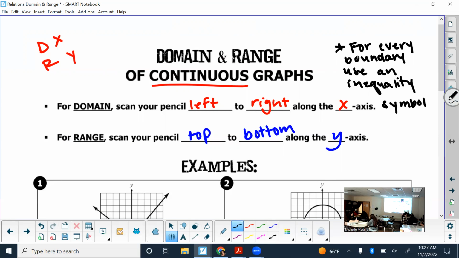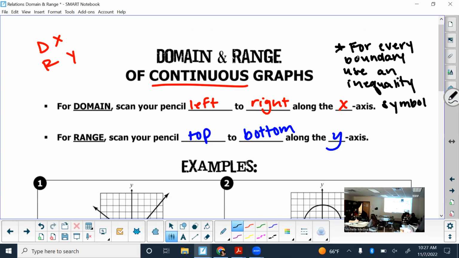But if there's a boundary, you use an inequality symbol. So instead of saying like on the first page, X is this number or this number or this number, now it's like X is greater than 5. X is less than or equal to 7. It just depends on the graph. So questions on these definitions so far?